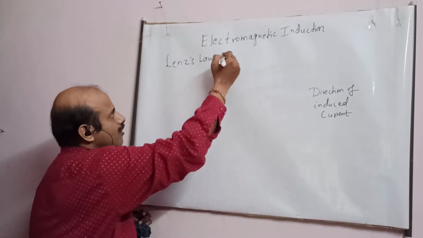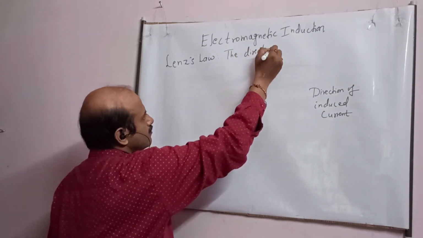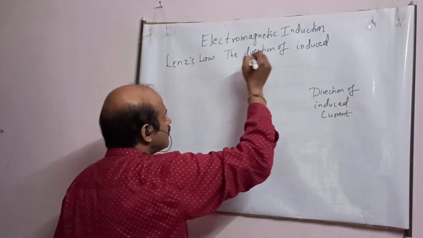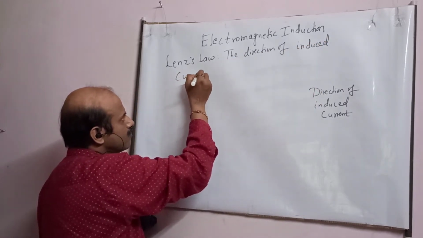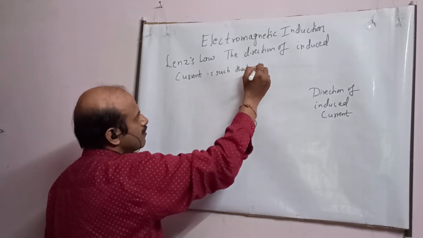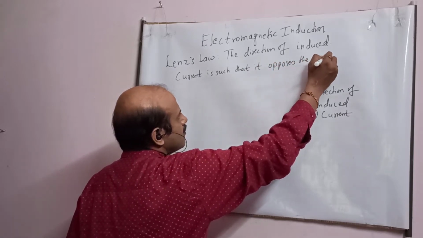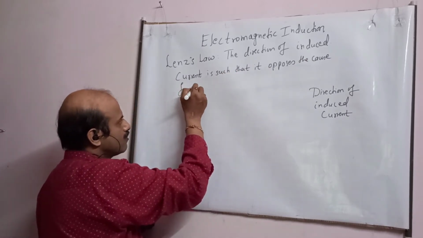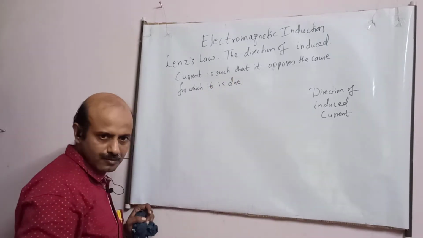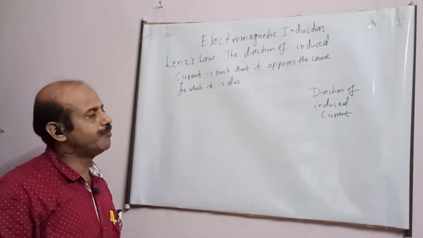According to Lenz, the direction of induced current is such that it opposes the cause for which it is due. Means the very cause which is producing it, it is opposing that by producing an induced current.